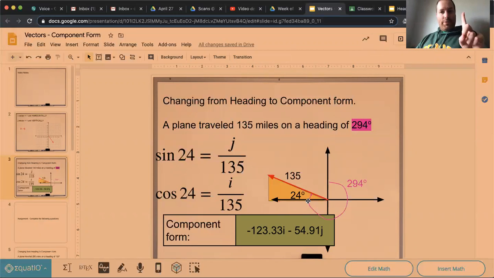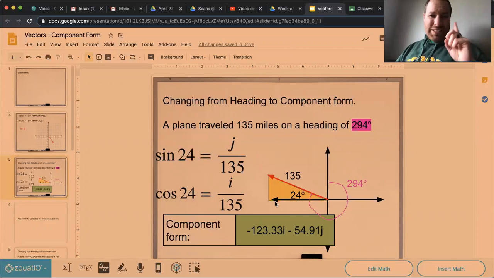Now, I am going to show you one little secret for those of you who do watch the videos and don't just jump right into the assignment. You don't need to necessarily find the reference angle. If you want to, you can just use the 294 because sine, cosine, and tangent will keep track of some of the negatives for us.